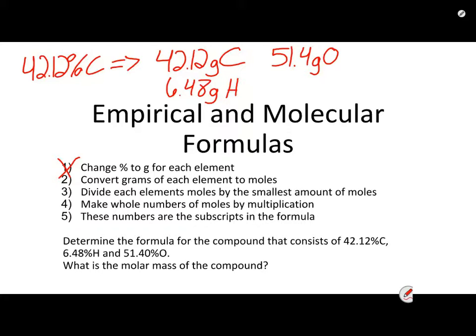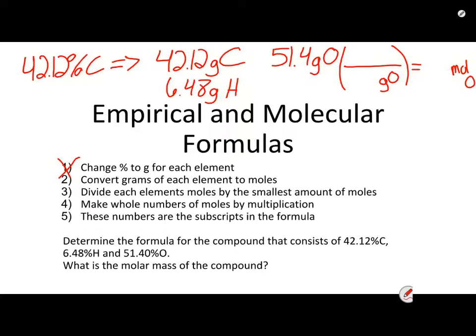Now, step 2 says we've got to convert grams to moles. So I'm going to set up my parentheses. I should end up in moles of oxygen. What's my molar mass of oxygen?